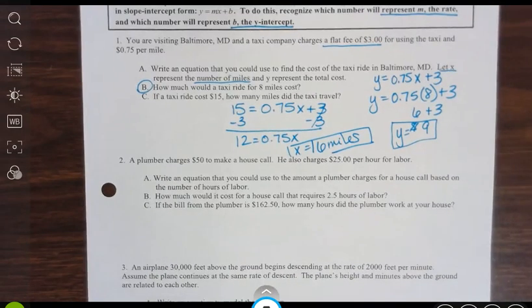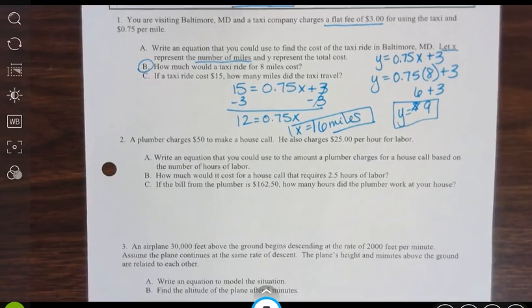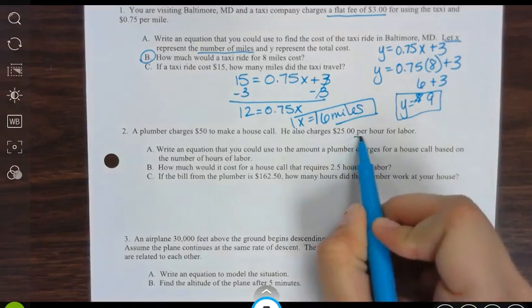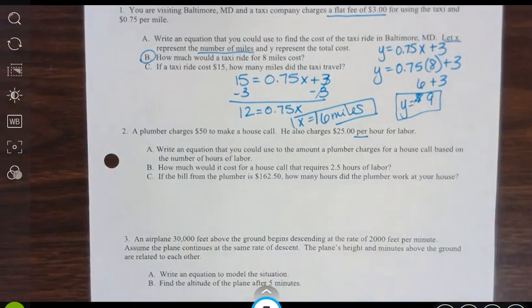Okay. We kind of did a few of these problems in our last unit, so you should be pretty good at being able to write these equations. A plumber charges $50 to make a house call. He also charges $25 per hour for labor. That per is a key math word when we talk about multiplying.